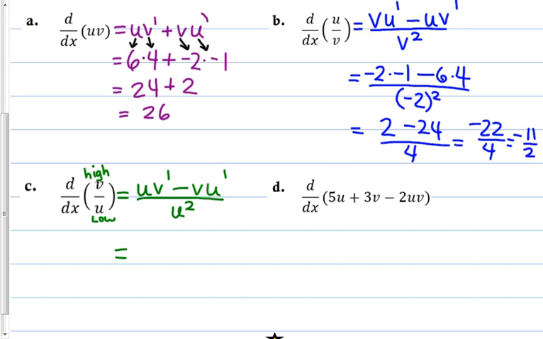So now I plug in stuff, and I can't see my values anymore, so I'm going to look on my paper. u is 6 times v prime, which was 4, minus v, which is -2, times u prime, which is -1. And this is all above u squared. u was 6, so 6 squared.